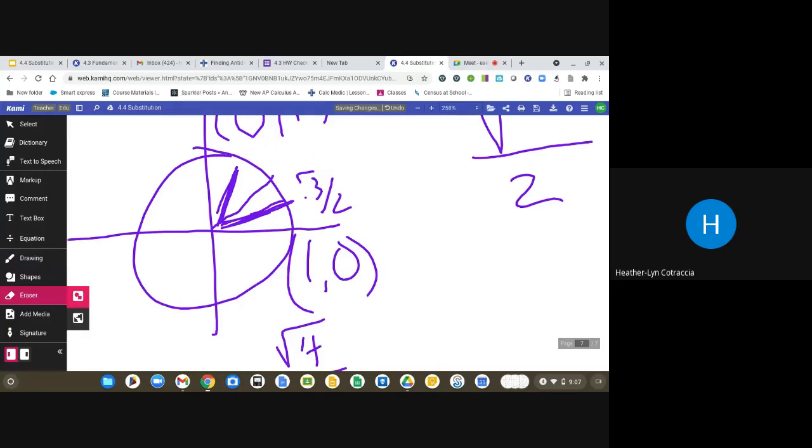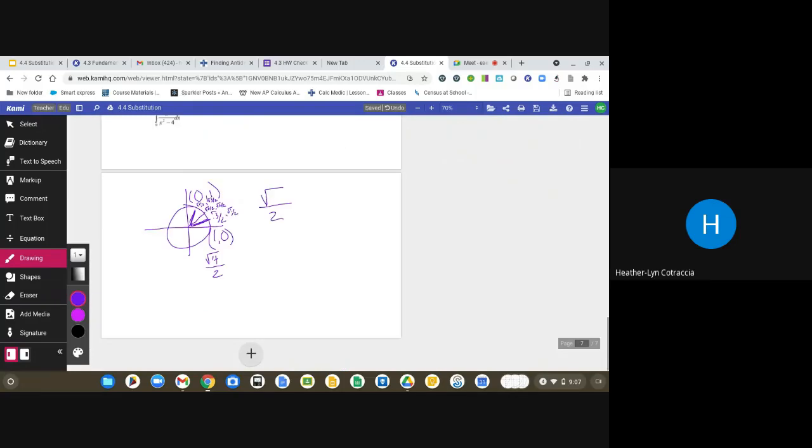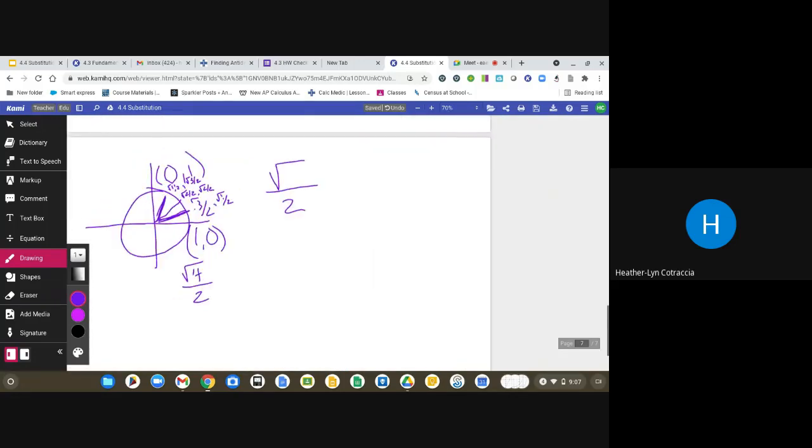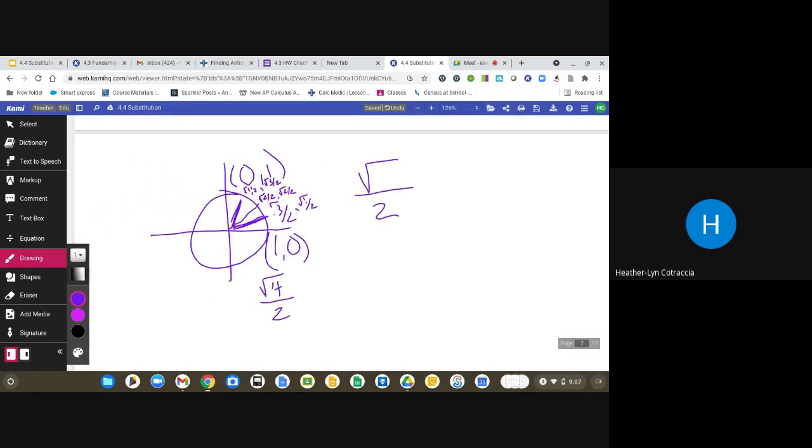So this would be radical 2 over 2, radical 2 over 2. This would become a radical 1 over 2. And this up here would be radical 1 over 2, comma, radical 3 over 2. So this one goes radical 4, radical 3, radical 2, radical 1, 0, and then the other one counts down to 0. Okay, so now we want tangent of pi over 3.